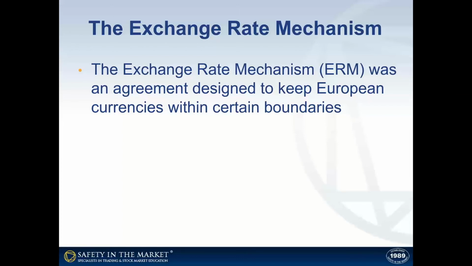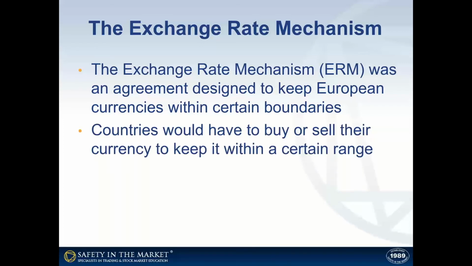And if the market rose above the high price, then the country would be responsible for selling the currency and pushing it down below that high price back into the trading band. And if the price fell below the trading band, then the country would be forced to strengthen that currency and push it up to keep it within that band. So the responsibility for controlling the currency was placed on the countries.